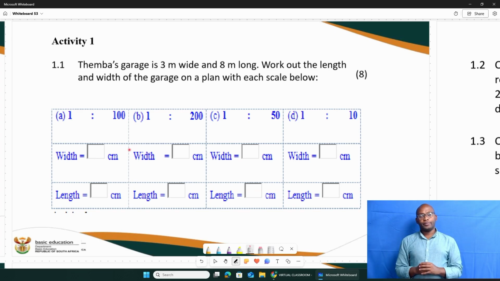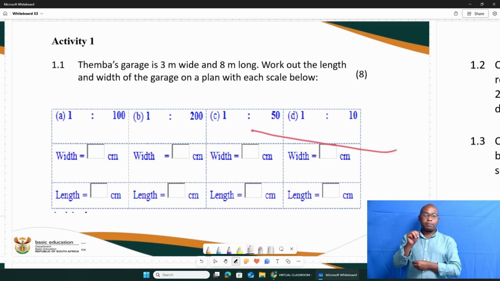And now if you go to the width on the 1:200 scale, it means that you are going to divide by 200, and that's what you are going to do to find those centimeters.